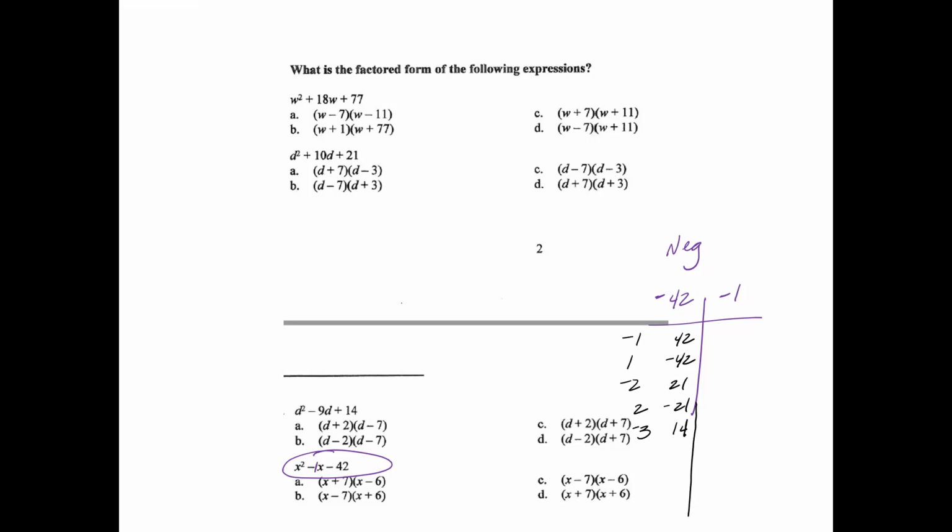Positive 14 and positive 3, negative 14, negative 6 and 7, 6 and negative 7. Now, one of these is going to work because one of them is going to add up to a negative 1. Which one do you think it is? Yep, there it is. So your answer is x plus 6, x minus 7.